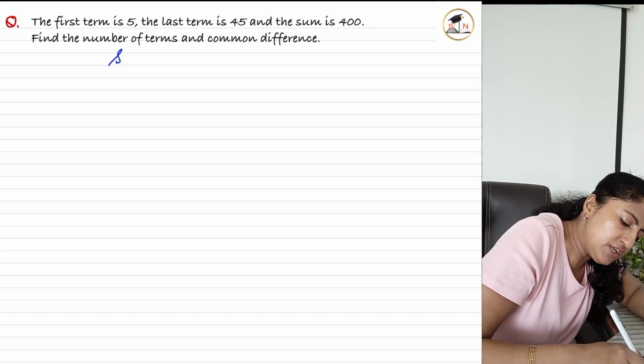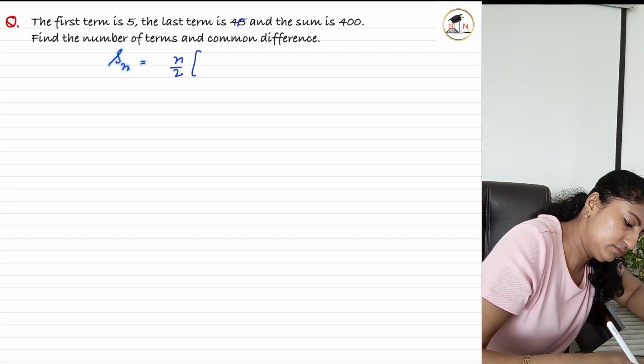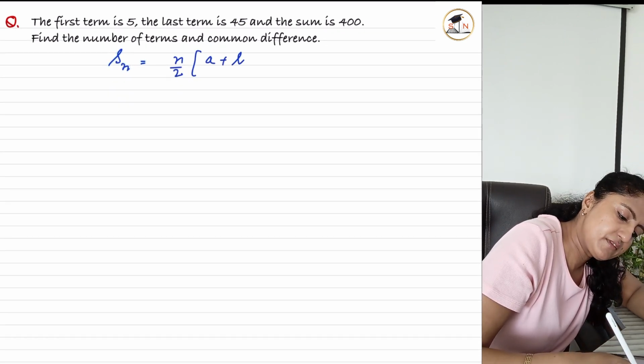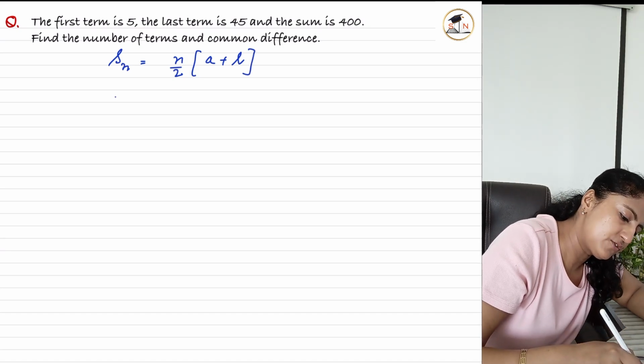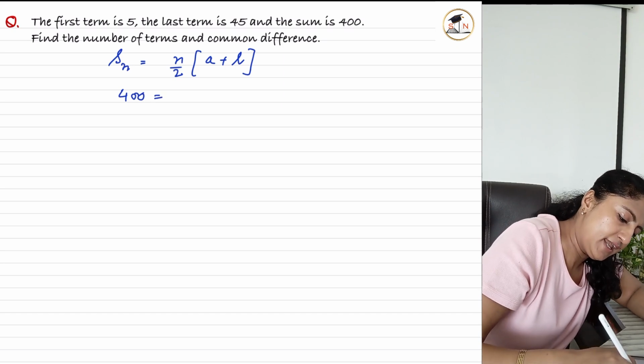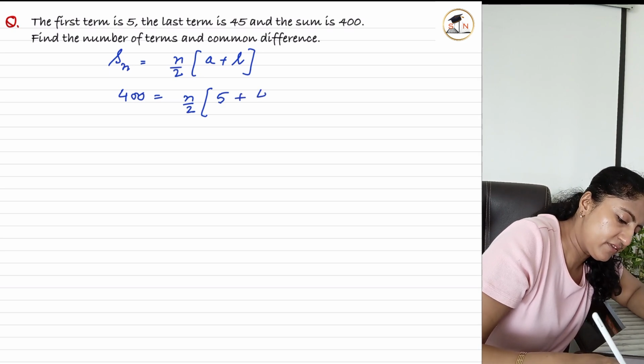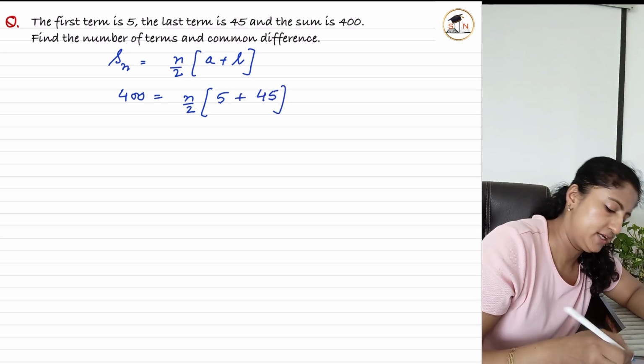We knew the relation of Sn as n over 2 A plus L, right? Now substituting everything over here, Sn is given to us as 400, n is unknown, A is 5, and L is 45, right?